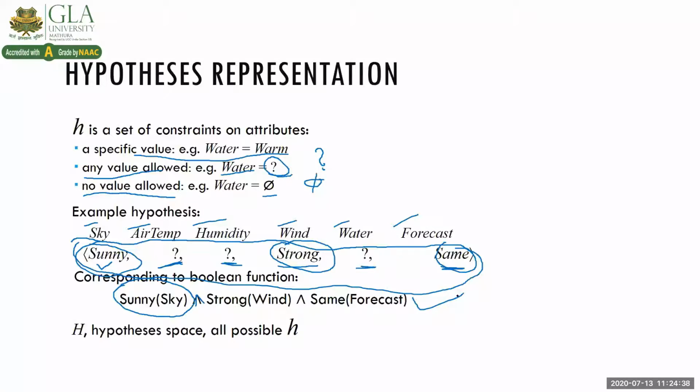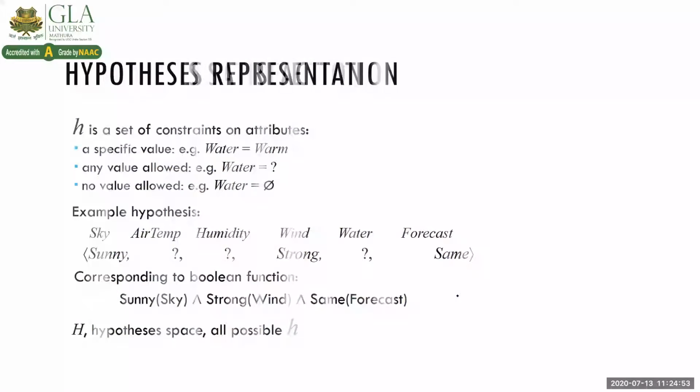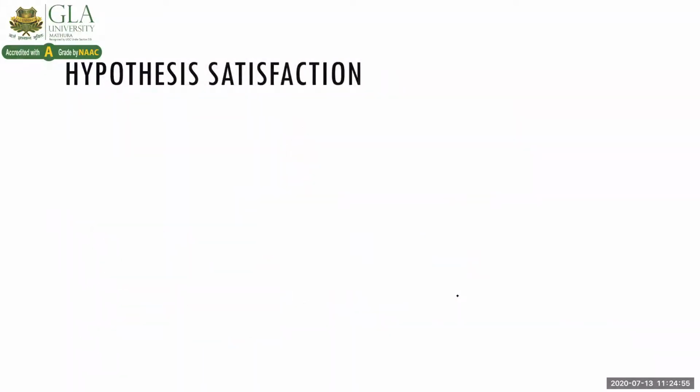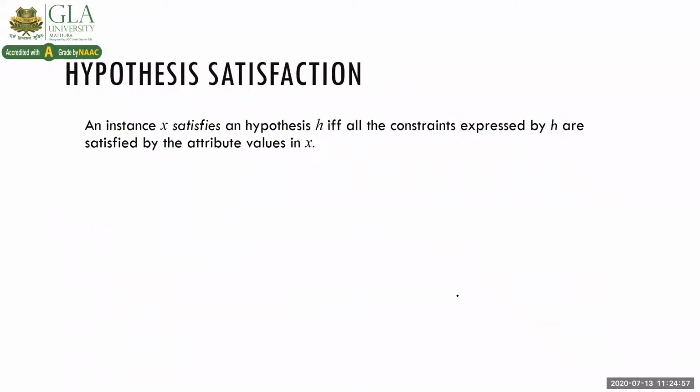So hypothesis space is capital H, which has all the hypotheses. So hypothesis space, capital H, represents what? All the possible small h. Clear?